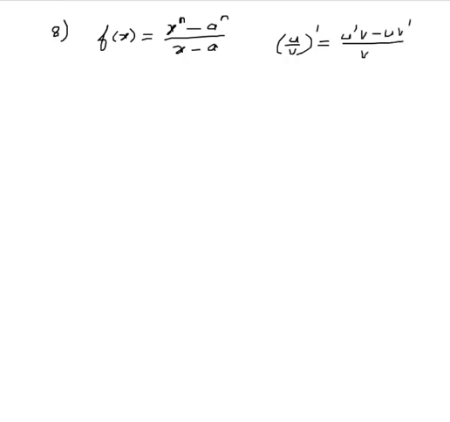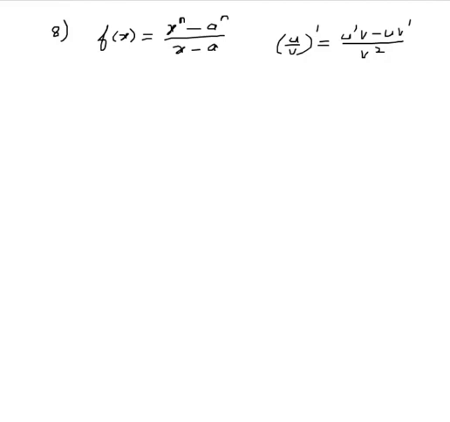Question 8. Find the derivative of x raised to n minus a raised to n divided by x minus a for some constant a. Here also we are going to use quotient rule. U by v the whole dash is u dash v minus uv dash divided by v square.